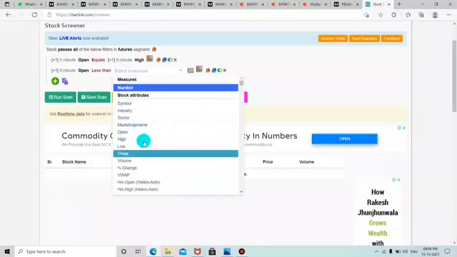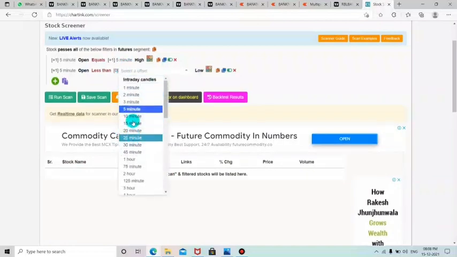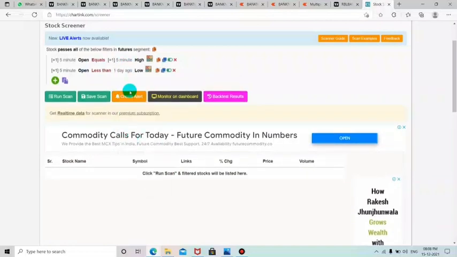This is the only condition. The main condition we are going to give is the 1 day ago low. So that we will be filtering the stock which opened less than the previous day's low.